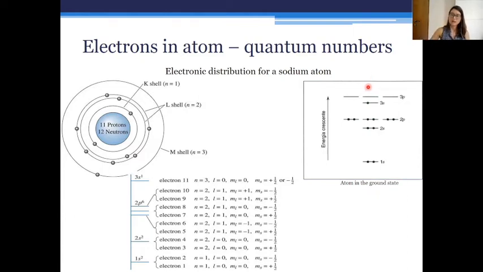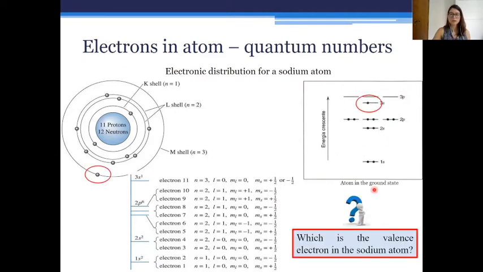And this is according to the Pauli exclusion principle, okay? And we will also be able to represent the electron configuration in that way. So you can see here it describes the different quantum numbers more precisely for the different electrons that will be found in this atom.